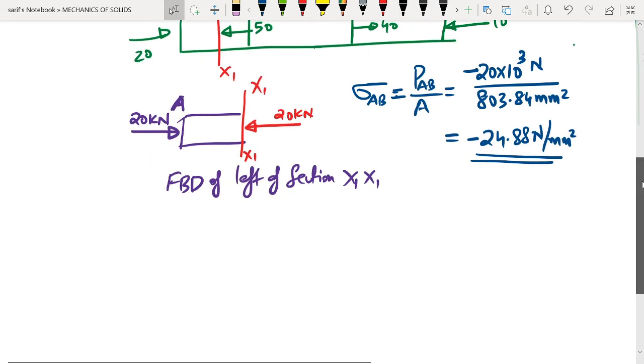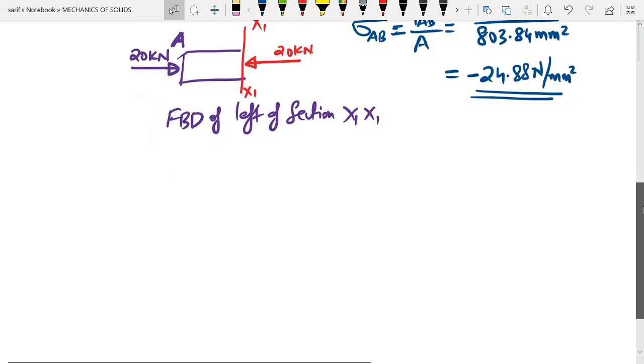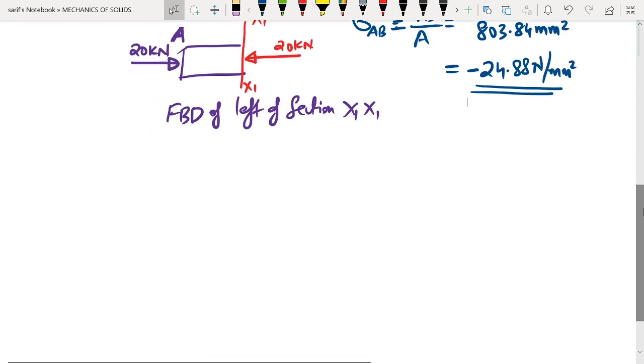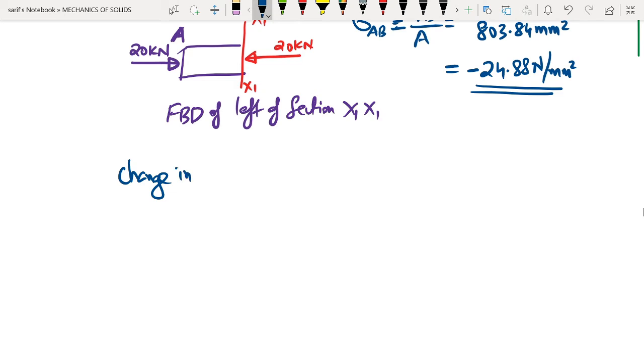Also we can calculate the elongation, or the change in length, of this region AB. So the change in length of segment AB, that is delta L AB, is equal to PL by AE.